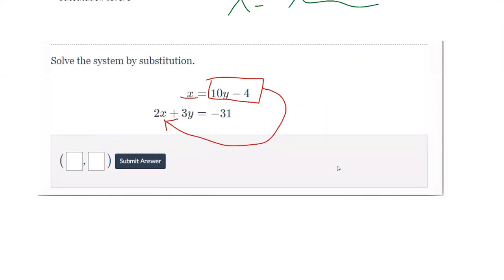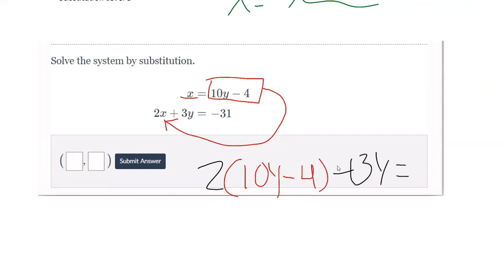If I rewrite this bottom equation, I'm going to have 2, but instead of writing that x, I'm going to replace it with this 10y minus 4. And then I'll copy the rest of the equation just like it was. So plus 3y equals negative 31.